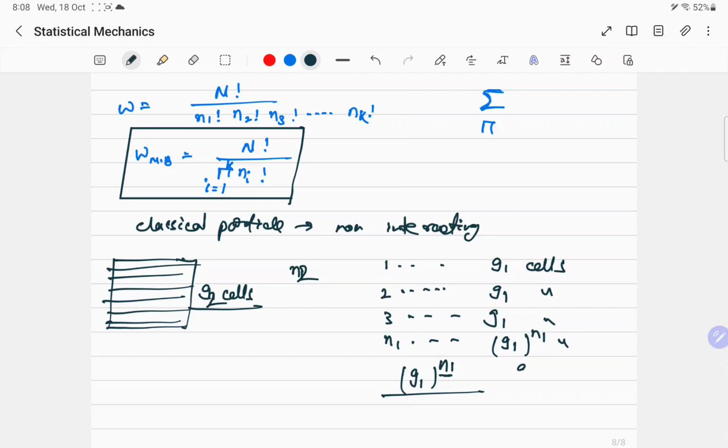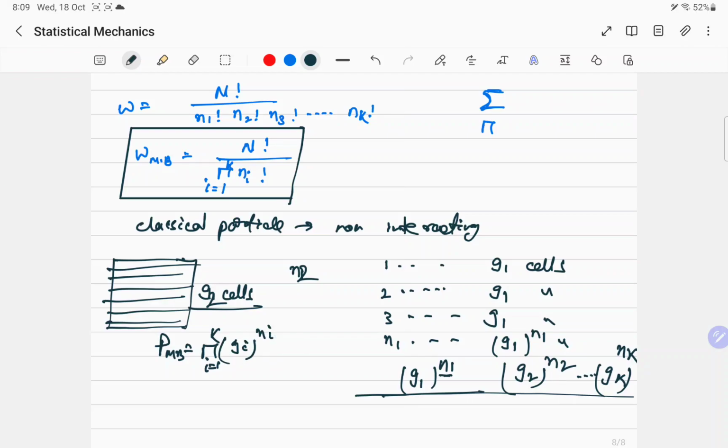So the total number of ways will be G2 to the power N2. Similarly for the kth box it will be Gk to the power Nk. So simply the total number of ways, let's call it W2, will be the product over i equals 1 to k of Gi whole to the power Ni. So this was our equation 1, this is our equation 2.